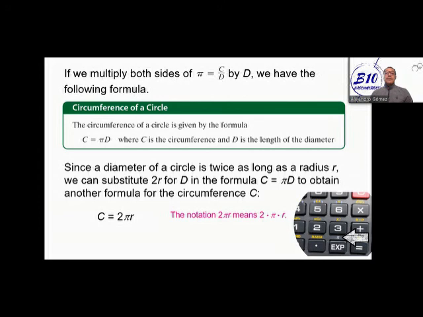Circumference is the distance around the circle. And look at this, it is given as pi times diameter. D stands for diameter. And the diameter is the distance from one side of the circle to another, passing through the very center of it.